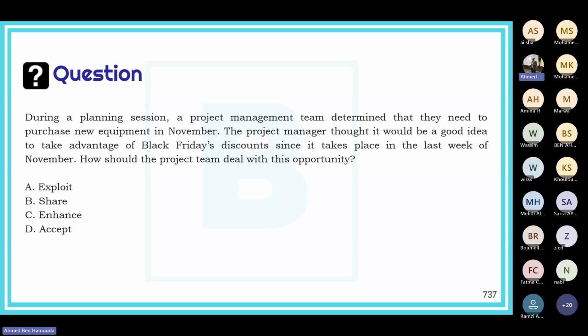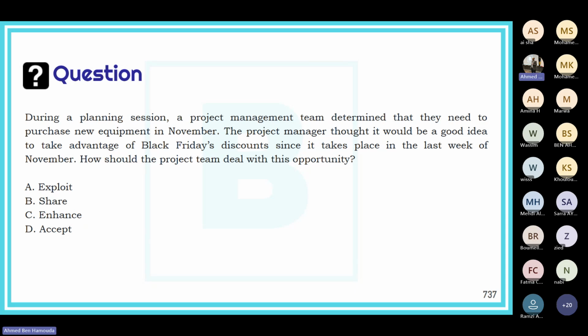During a planning session, a project management team determined that they need to purchase new equipment in November. The project manager thought it would be a good idea to take advantage of Black Friday's discounts since it takes place in the last week of November. How should the project team deal with this opportunity? Exploit, share, enhance, accept?